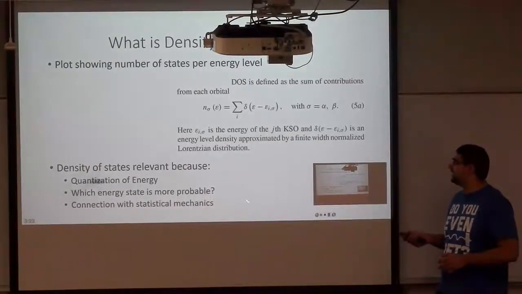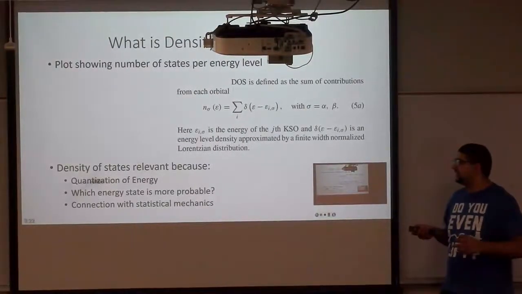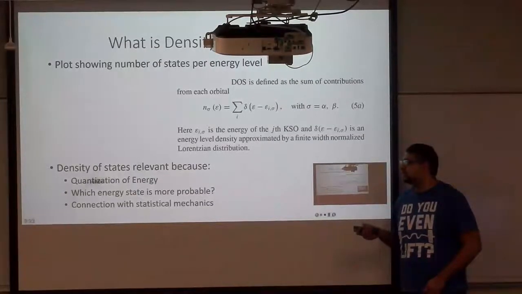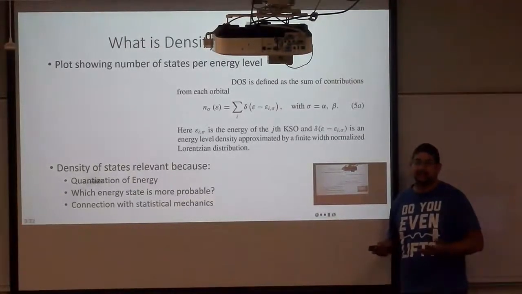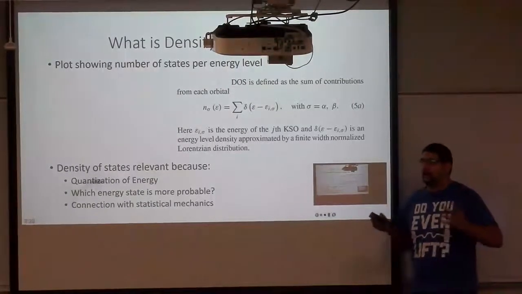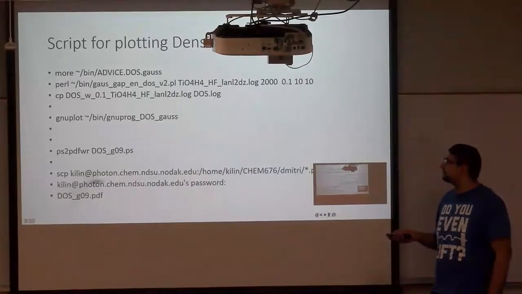It's the same idea here for density of states. The reason density of states is important is that the energy interval with the highest number of states is the most probable energy we'll get. So that's the basic idea of that.